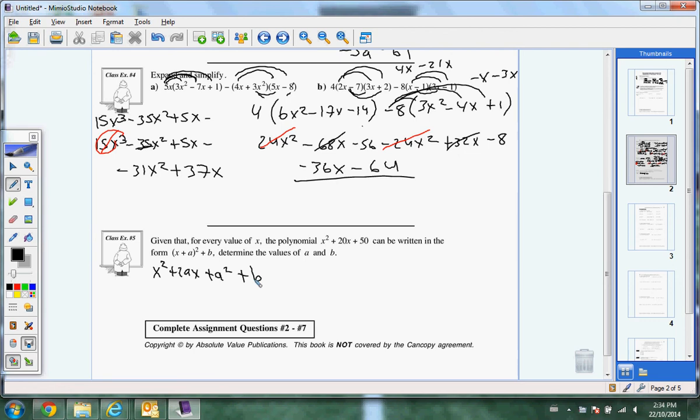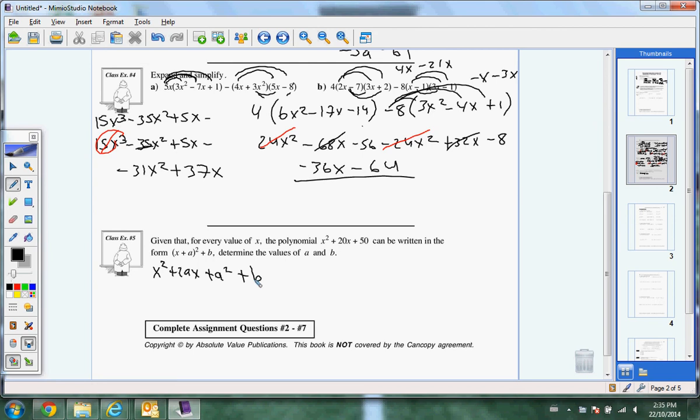So what we know now is that we have the x squared, we have plus the 2ax. So if we have a 2ax, what does that represent in here? Well, this has a what on it?